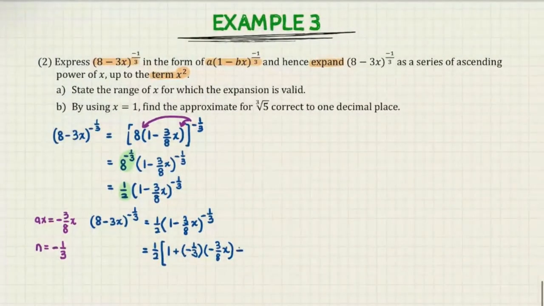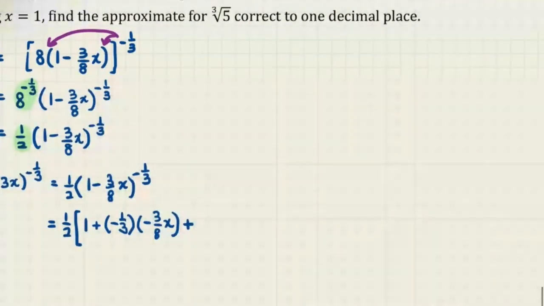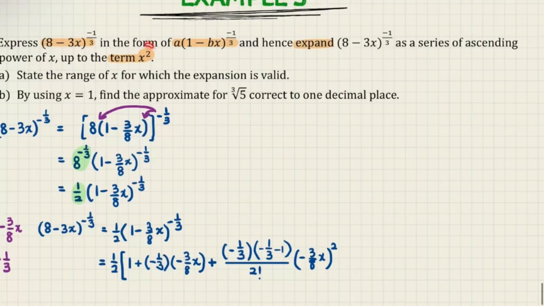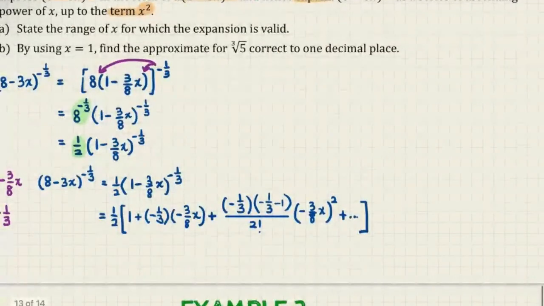Lepas tu plus n(n minus 1) over 2 factorial of ax to the power of 2. Okay, soalan minta kita expand sampai x square saja kan? So ini dah jumpa dah x square, so saya terus letak plus dot dot dot ada tutup square bracket. Okay, so okay? Boleh ya?